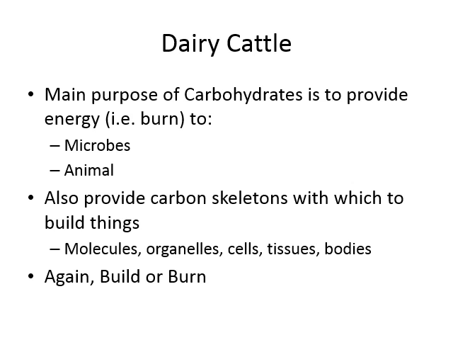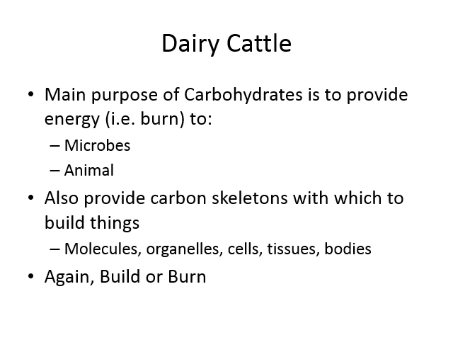So we're thinking about our dairy cattle. We've got carbohydrates. One of the main reasons we have carbohydrates is to provide energy to the body. Most of what we get our energy from is carbohydrates. That energy is going to provide for our dairy cattle energy to the microbes so they can grow and live happily.